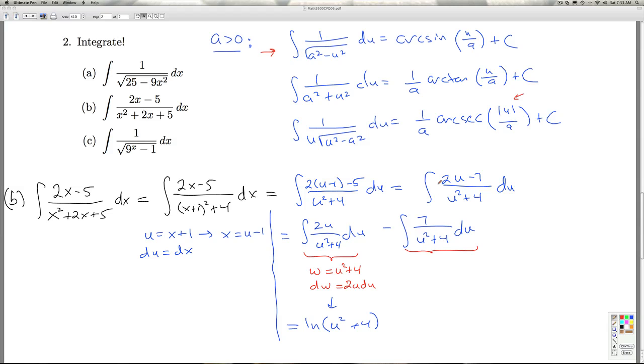From this one, I recognize this as an arctangent form. The a squared is 4, so we pick a is 2. And so this is going to give us minus 7 halves arctangent u over 2 plus c.